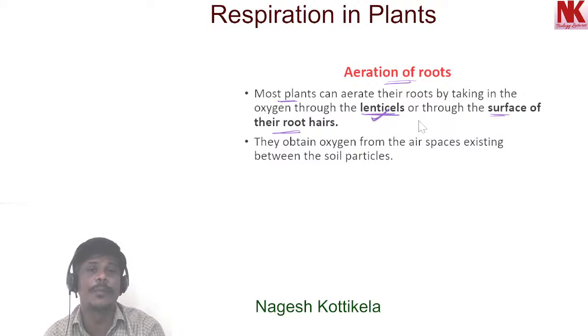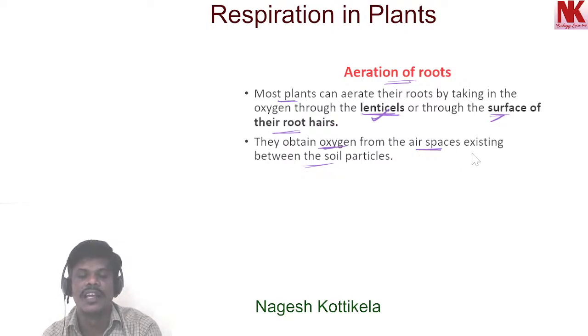In the case of smaller plants, the surface of the root hairs plays an important role in gaseous exchange. So the plants can aerate their roots by taking in oxygen through the lenticels or the surface of their root hairs. They obtain oxygen from the air spaces existing between the soil particles.